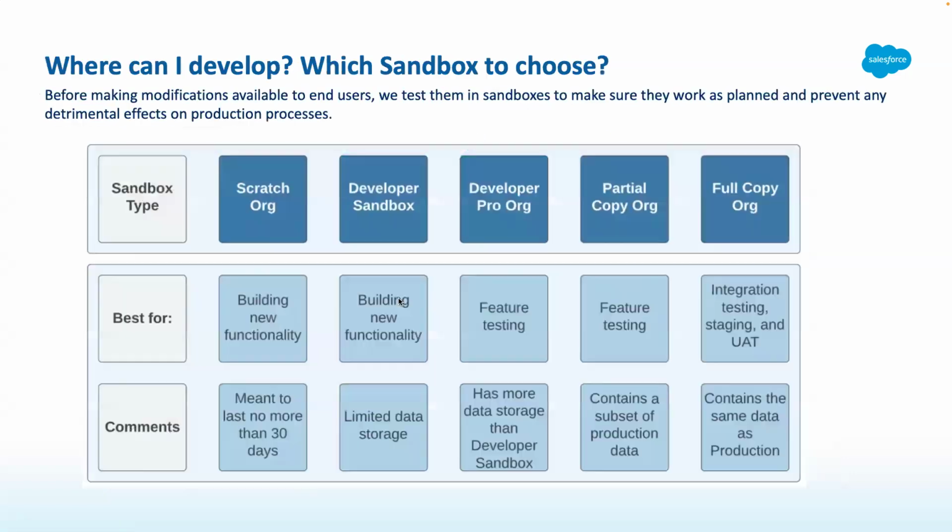So before making modifications in Salesforce, you'll have access to different types of development environments. Depending on the licensing your Salesforce org has, you can have different types of orgs, or let's say developer environments. The first ones are called scratch orgs. Scratch orgs are nothing but temporary, customizable, and disposable development environments.